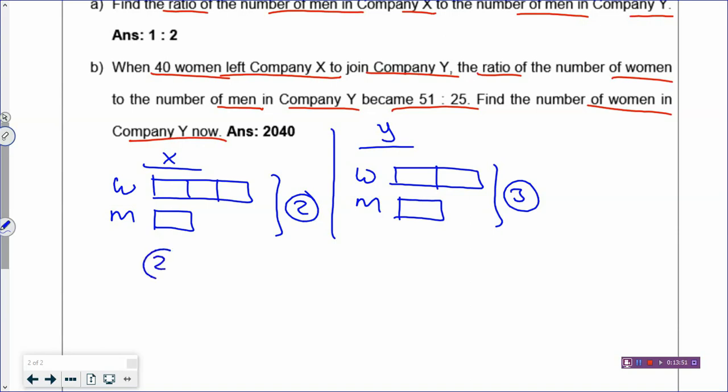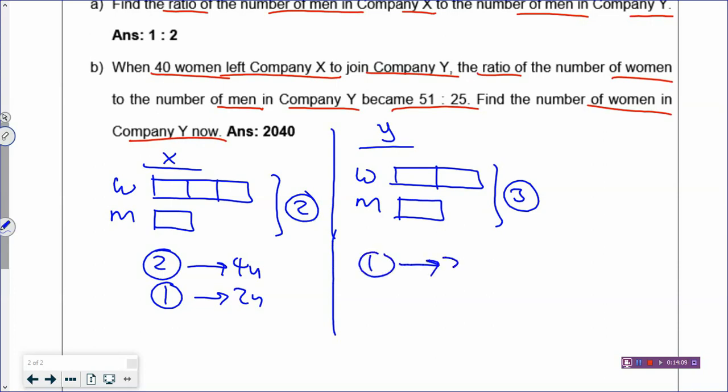So I like to do this. 2 is 4 units. Okay, 2 is 4 units. Very simple. And then 1 must be 4 divided by 2, 2 units. Okay, then you come to company Y. So if 1 is 2 unit, then there's 3. 3 must be 6 unit.